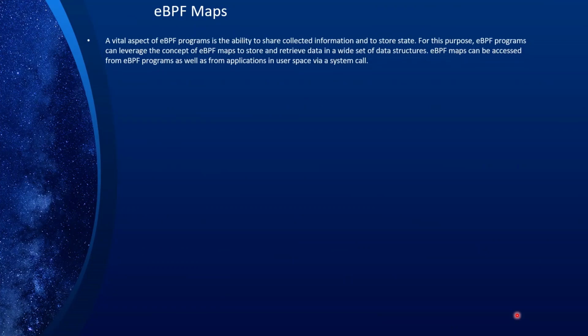Another aspect of eBPF programming is the ability to share collected information and also to store state. And maps are the way to do it. We can think of maps as collections that you can store stuff in, and then you can share that information among the applications that run inside the kernel, other eBPF applications, and it will also be available to user space programs through a system call.